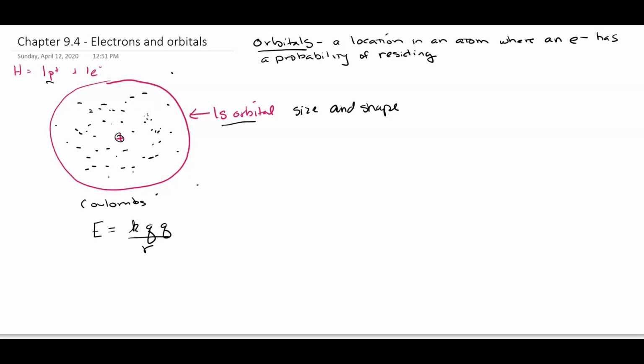In Coulomb's law, k is a constant, Q1 is the charge of one thing, and for the hydrogen atom, that could be the proton in the nucleus. The second charged species is our electron. R is the distance between the two charged particles.